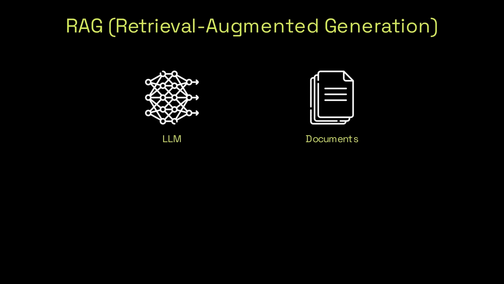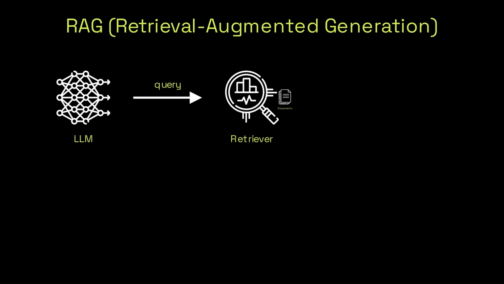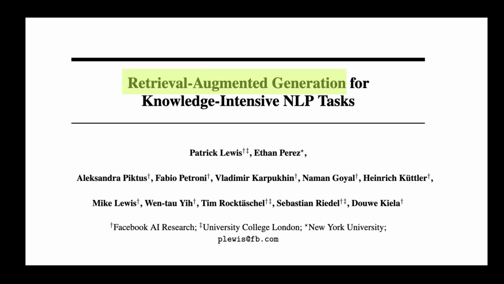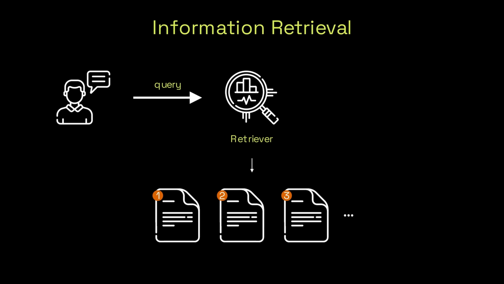Under the hood, RAG uses a retriever, a mechanism that, given a query and a set of documents, ranks them by relevance. The term Retrieval-Augmented Generation was coined in 2020, but the idea of matching questions to relevant documents goes back half a century. If we replace the LLM's prompt with a regular search query, we're back to the classic problem of information retrieval.